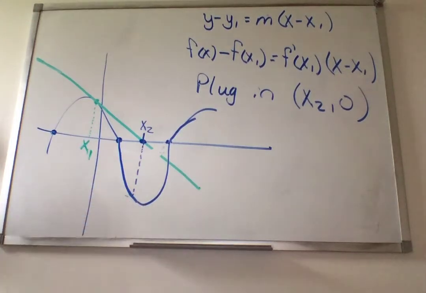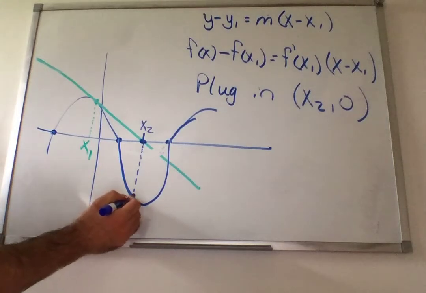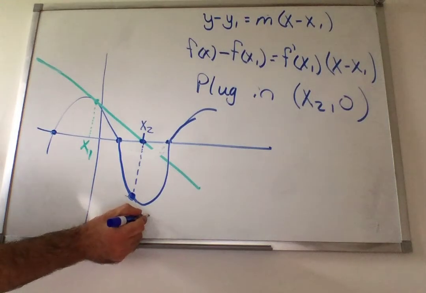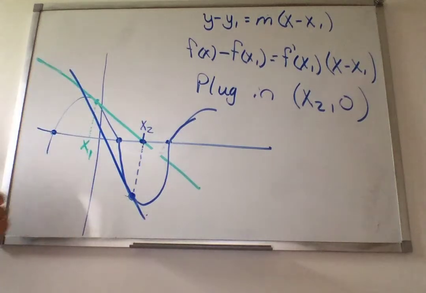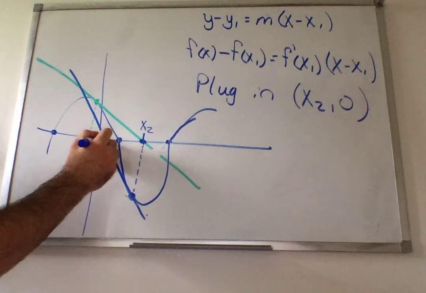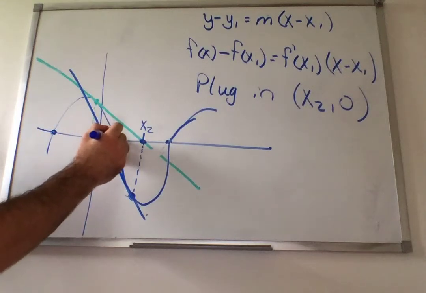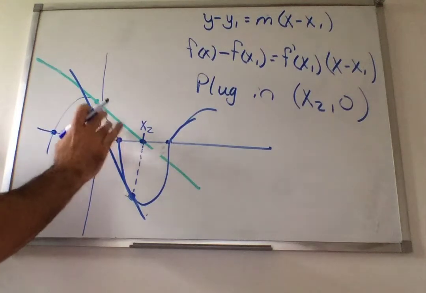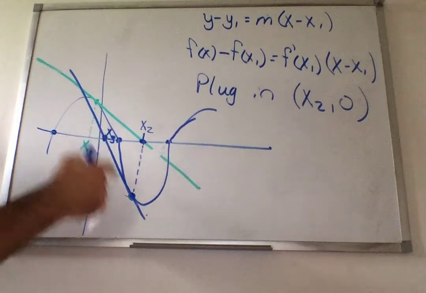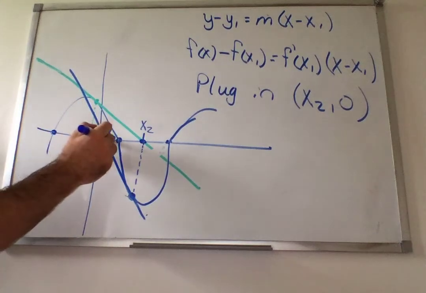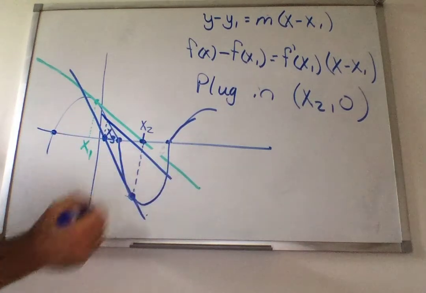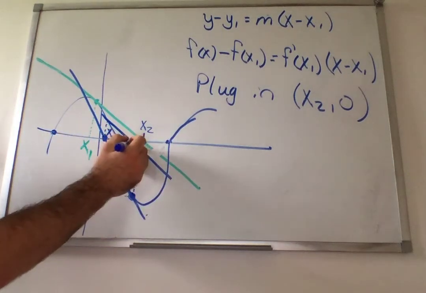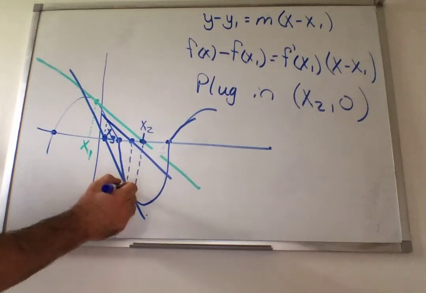Now it's not landing at a minimum. If I were to choose this point and draw this tangent line, like that, I'm going to find a new point, which is x3. It's the 0 of this line. And then I'm going to go up to the function and repeat the process. And it's going to land on 0 there. I'm going to get a new point.